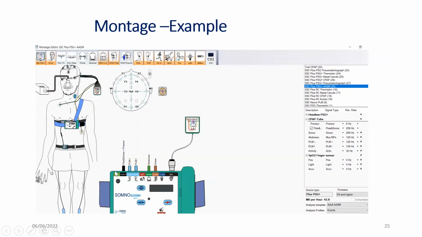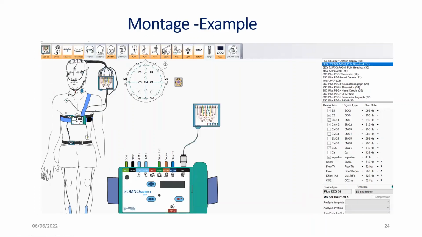So you can pre-select the sensors which need to be put on a patient's body, and the sampling rate and the filter settings. In this case, this is a montage with CPAP, while the previous montage was without CPAP but with EtCO2.